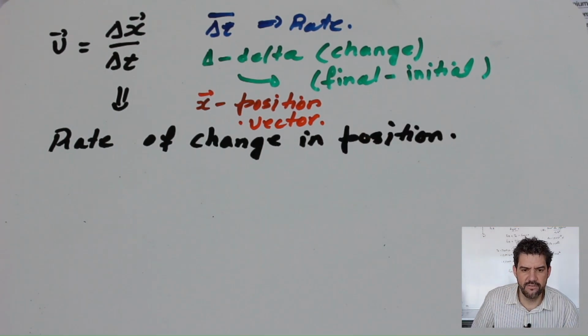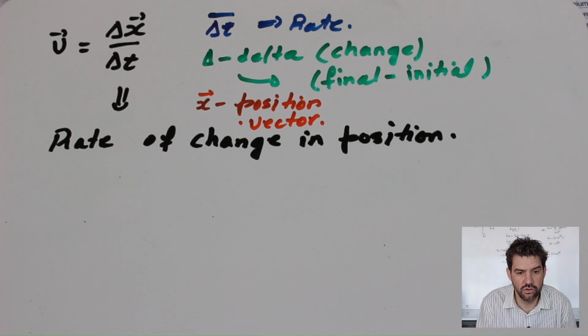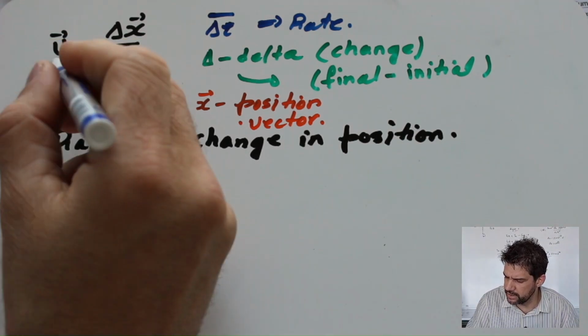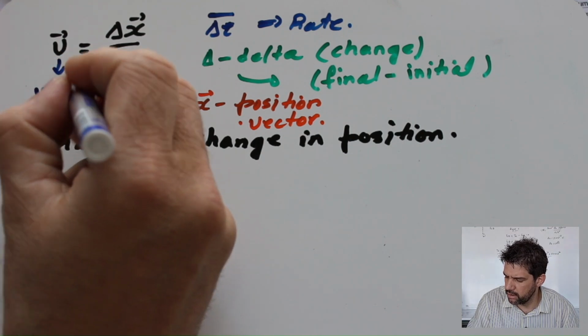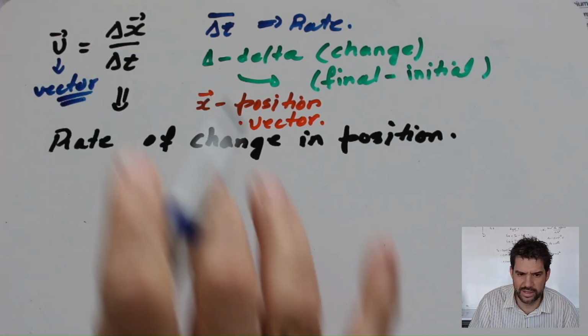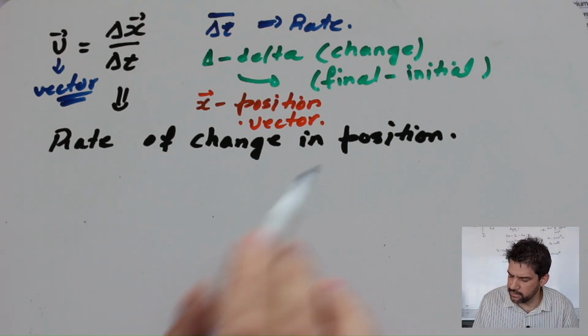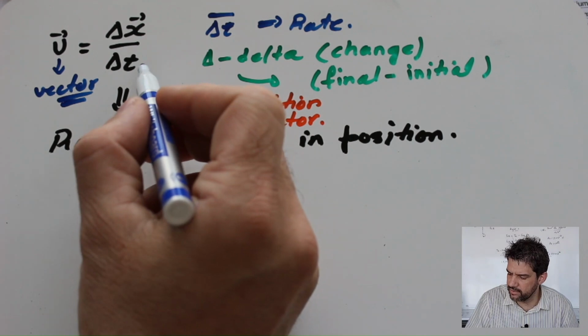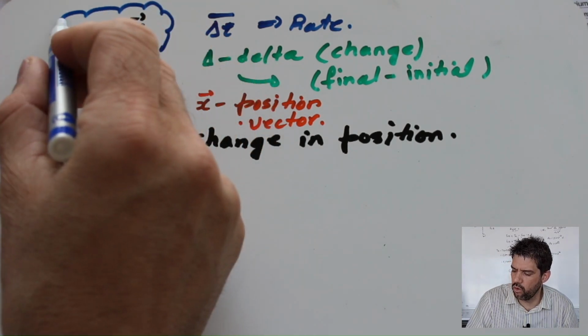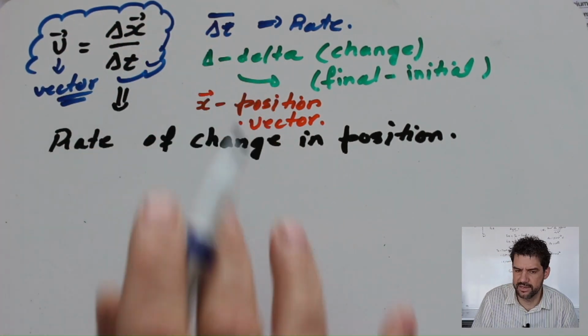That is the definition for velocity, guys, which is also a vector. So maybe we can write here, this is a vector quantity. It means it has a direction. So, rate of change in position, that is the definition. And that definition is coming from all these points I just gave to you.